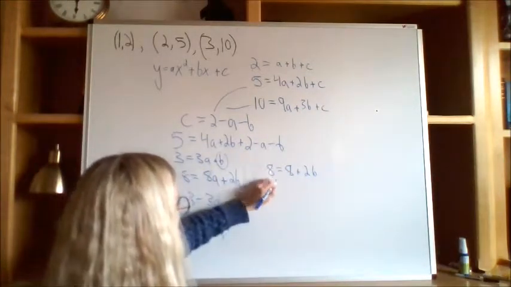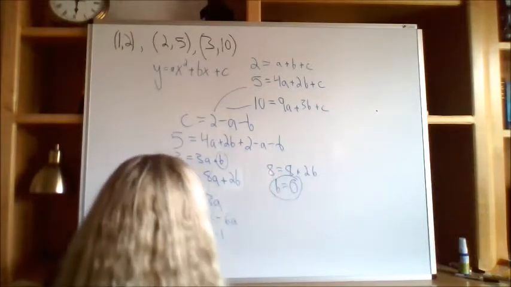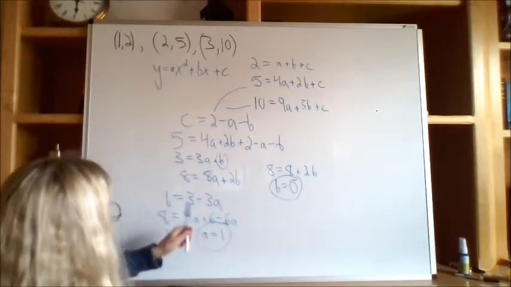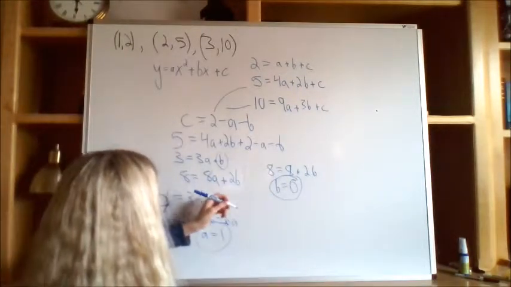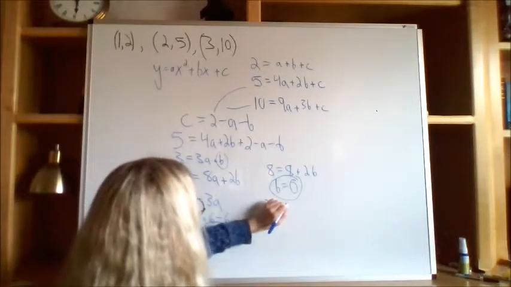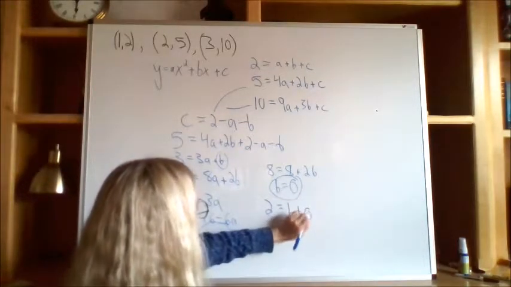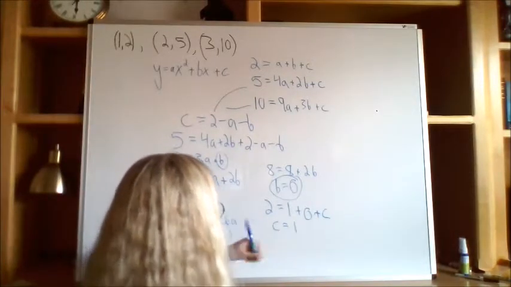So b must equal 0. Now we can go back to this form and solve for c. So 2 equals 1 plus 0 plus c. So c must equal 1.